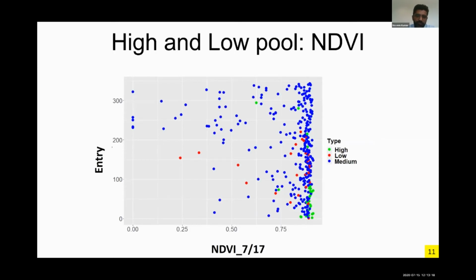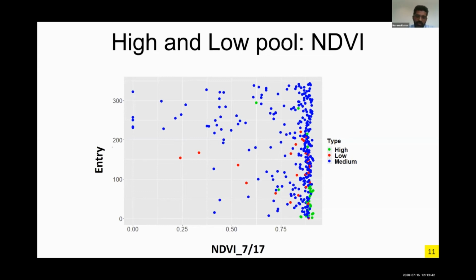So in this graph, on the x-axis you see the NDVI, on the y-axis you see the entries, and these different colors show the pools. The green color shows the high pool entries and the red shows the low pool entries. As I mentioned earlier, the value of NDVI lies from 0 to 1. The higher the value of NDVI, the healthier the plant.